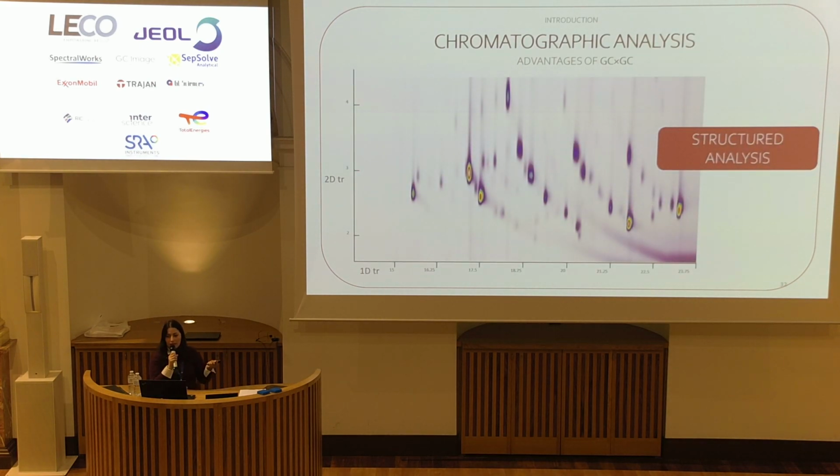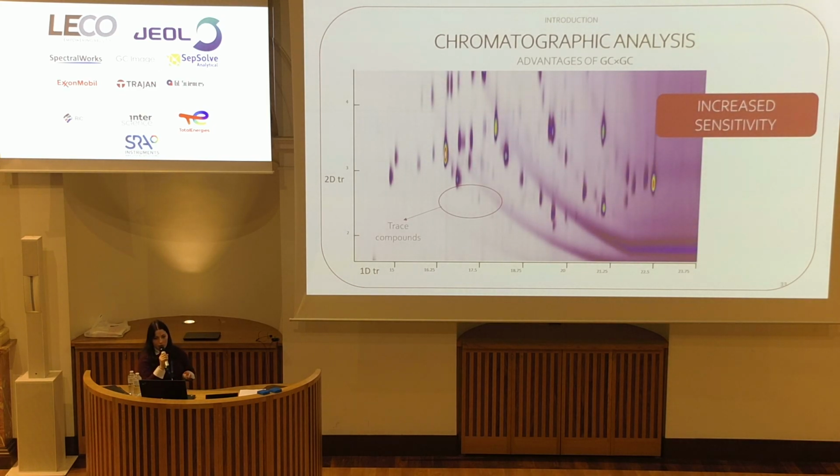Then, for FAMES analysis, using a second dimension separation, we can obtain a really structured chromatogram, and so we have a really easy pattern to read, let's say. We can easily see the saturated, monounsaturated, 2 double bonds, 3 double bonds, and so on.